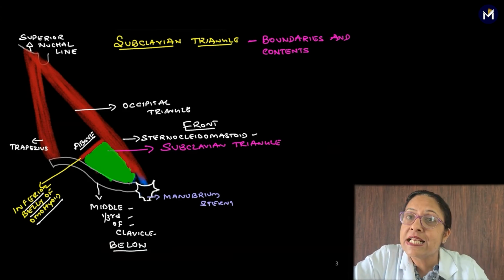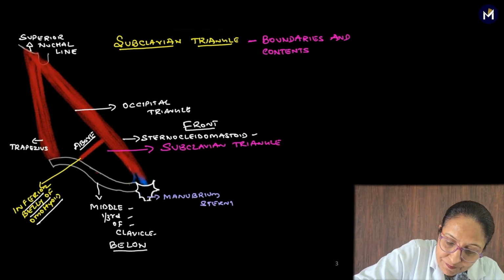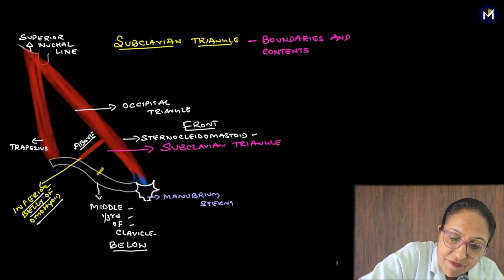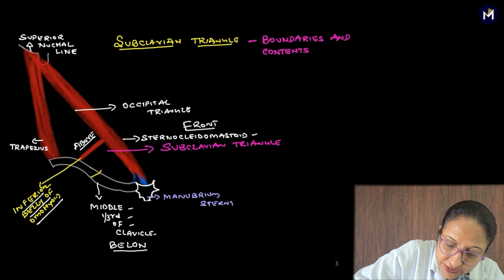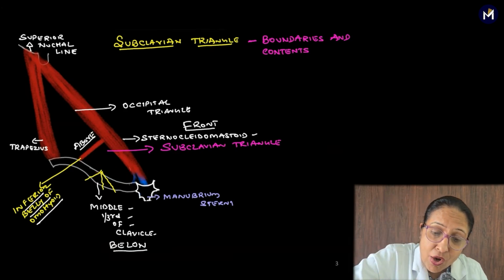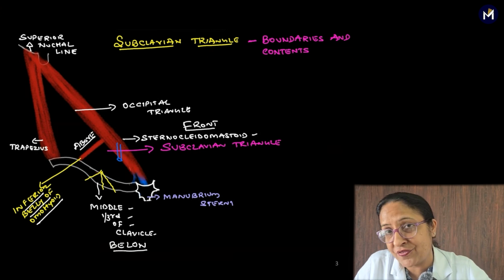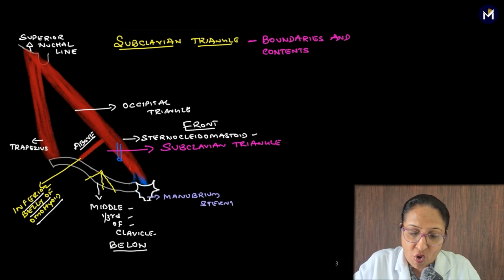This investing layer of deep cervical fascia is pierced by the supraclavicular nerves. These are the three divisions of supraclavicular nerves which will form the roof, along with the external jugular vein which will also pierce the investing layer of deep cervical fascia. It will form the roof.